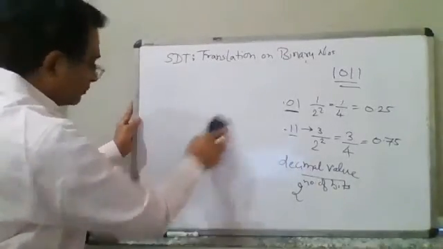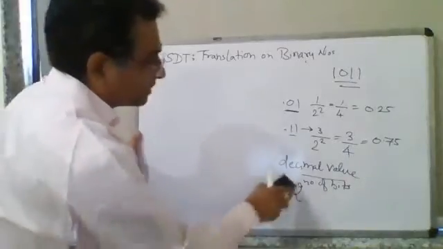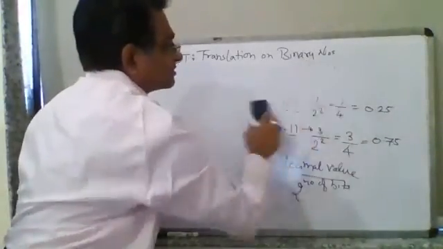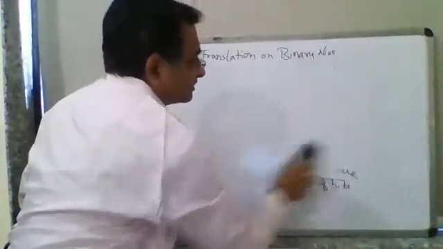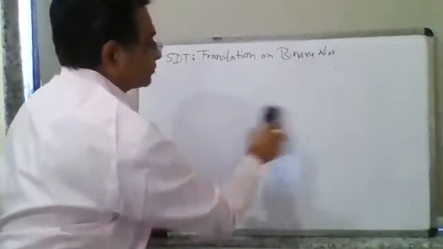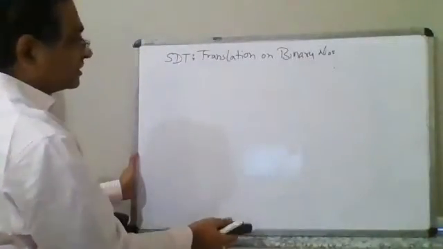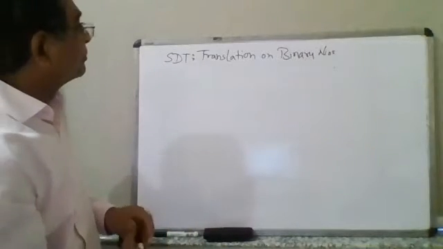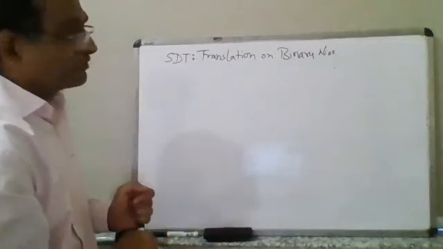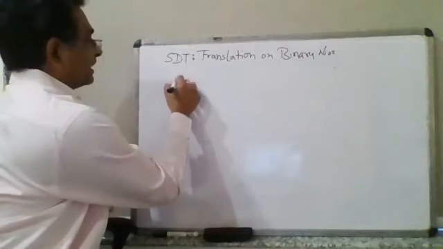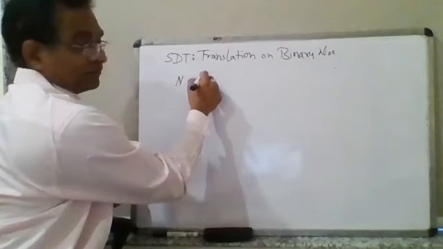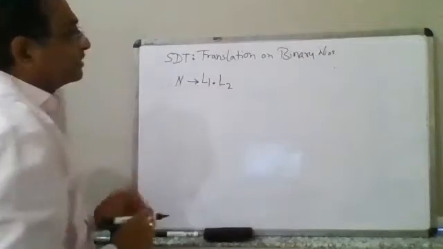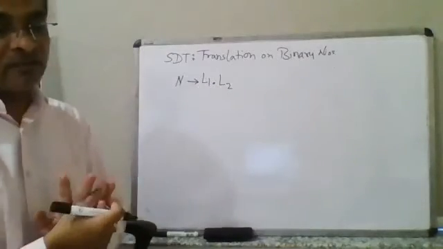But before we go into the grammar, I think this concept was required. That's why now the decimal value upon 2 to the power number of bits. If we can use this, then we can come down to a simplified solution using SDT, right? So, translation of binary numbers with a decimal point in between. What will be the case here is N will have L1 dot L2, that is the decimal point which is there in between.